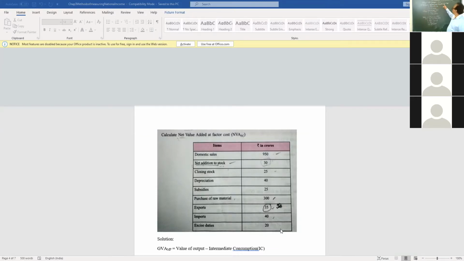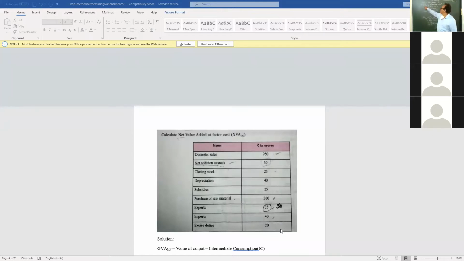Plus change in stock. Change in stock is given here: net addition to stock is the second entry, and the third entry is closing stock. Closing stock is a part of the addition to stock already done, so the value is already given. So domestic sales is 950, exports is 35, and 30 is the net addition to stock, the change in stock. Adding them all up, we get 1015 crores.